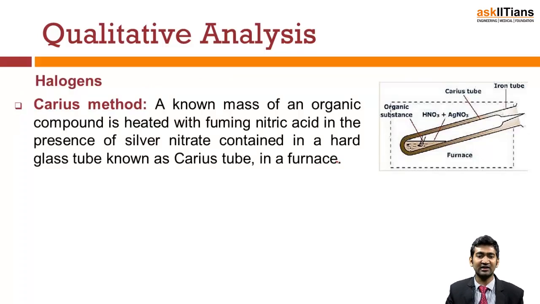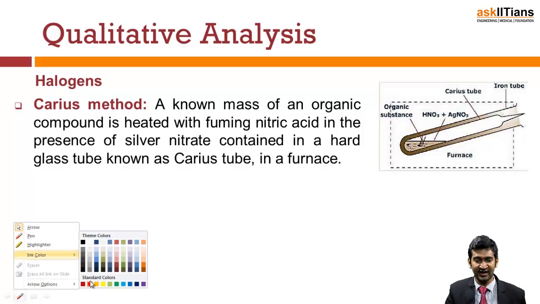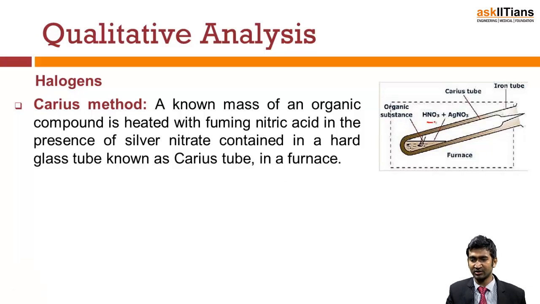Then for the halogens, we have the Carius method, guys. We take a known mass of any organic compound and heat it in fuming HNO3, nitric acid, in the presence of AgNO3, as given in the diagram. You can see AgNO3 plus HNO3. We heat it up, and what happens?